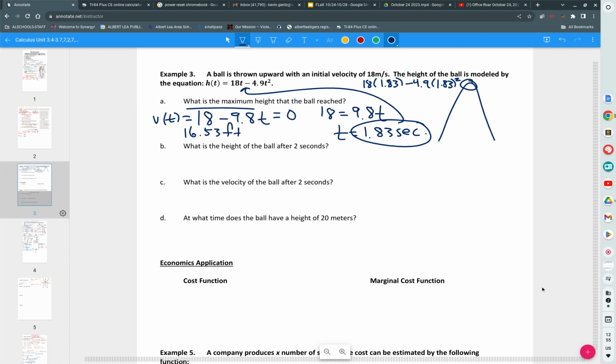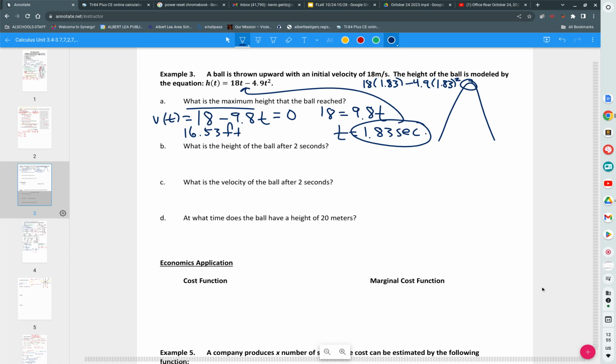That's the maximum height of the ball. It says, what is the height of the ball after 2 seconds? Can you tell me, will the height of the ball after 2 seconds be greater than 16 or less than 16? Less than 16, because it reaches maximum height at the 1.83, right?